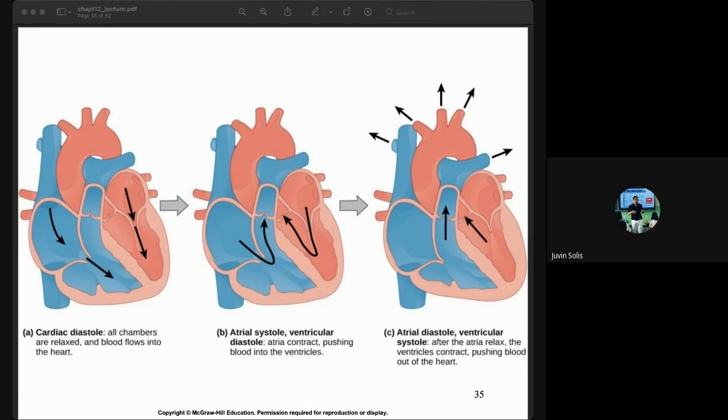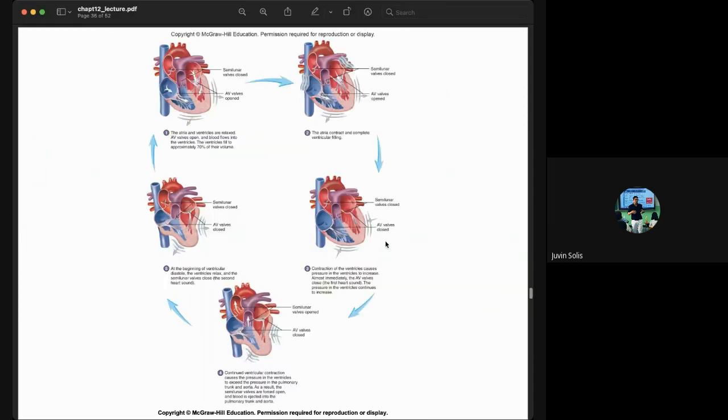Nagre-relax naman yung atria. Pag nag-relax your atria, nagko-contract naman yung ventricles. After the atria relax, the ventricles contract, pushing blood out of the heart. So this is how the pumping is happening in your atria and in your ventricles. This part, you can see on your book.